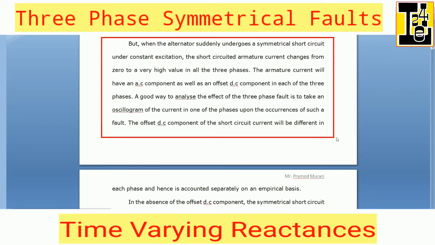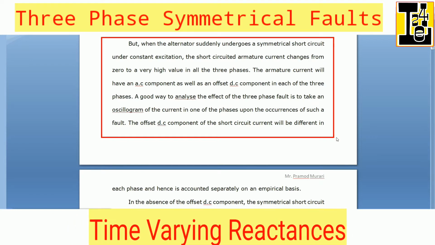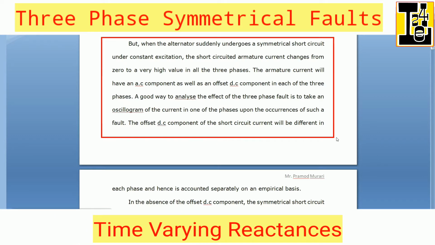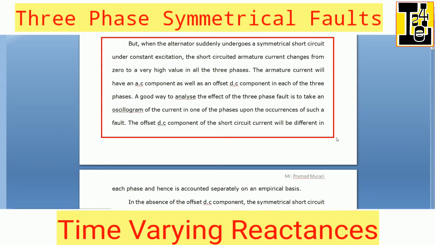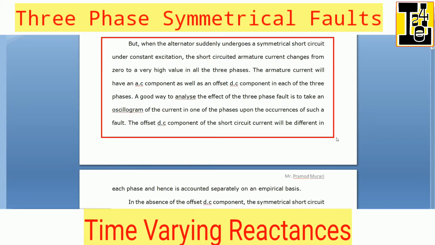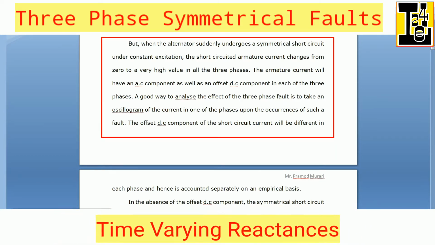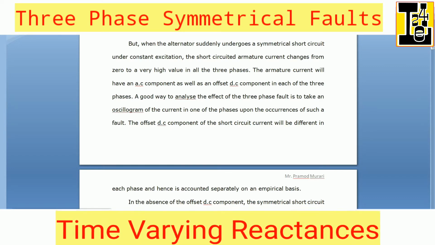A good way to analyze the effect of the three-phase fault is to take an oscillogram of the current in one of the phases upon the occurrence of such a fault. The offset DC component of the short circuit current will be different in each phase and hence is accounted separately on an empirical basis.